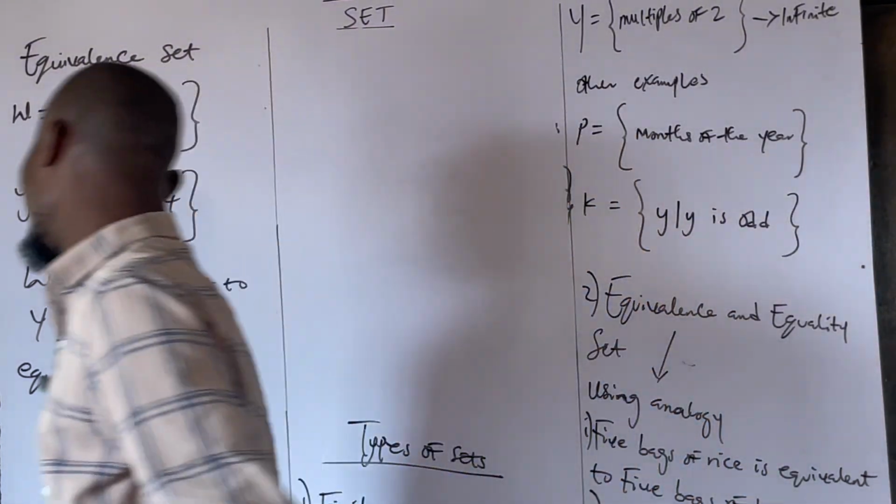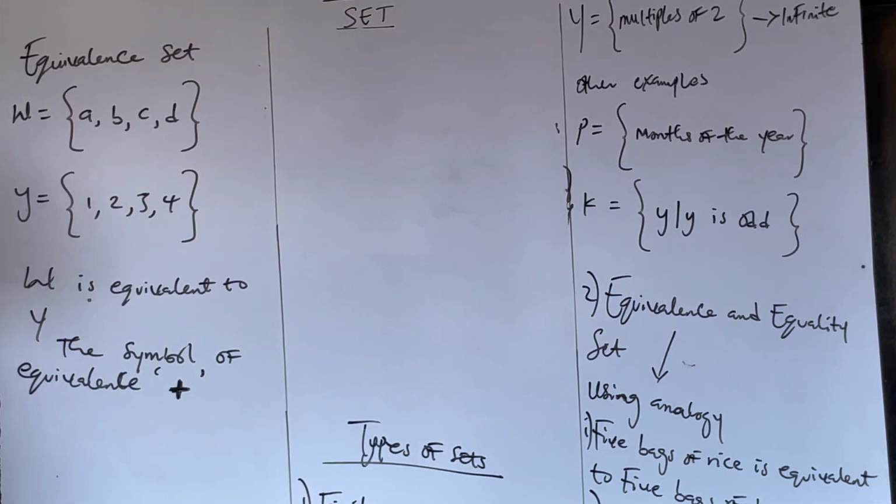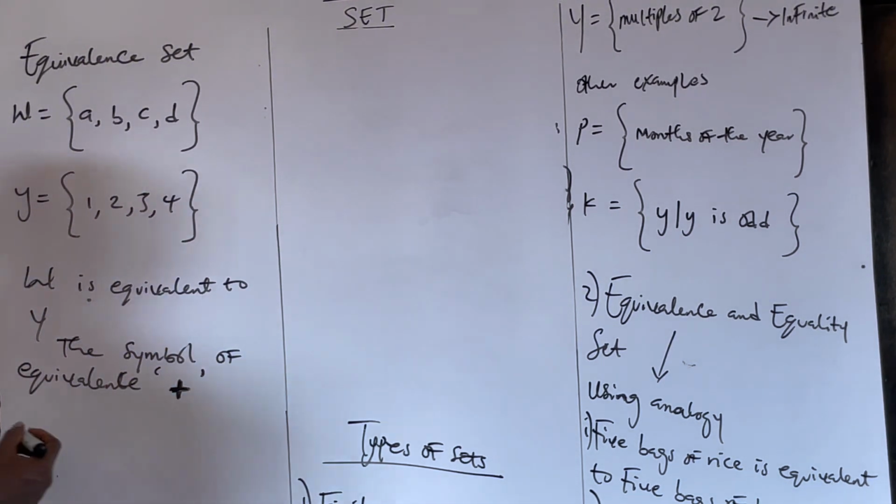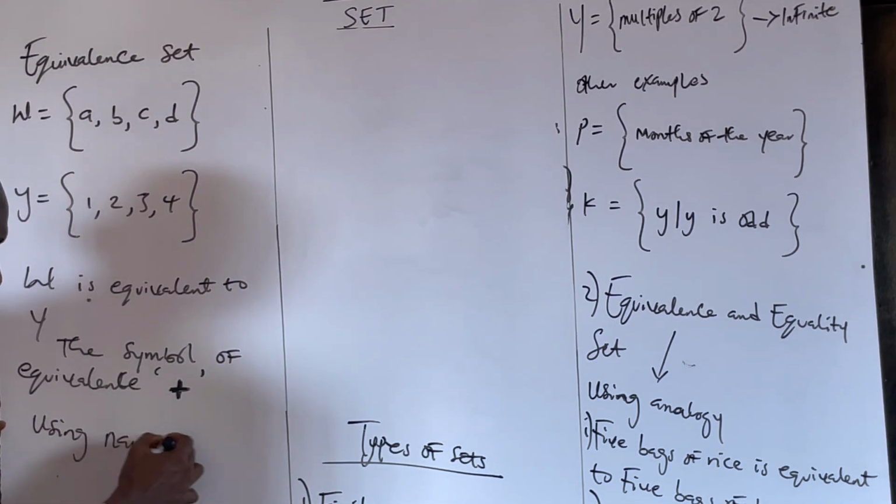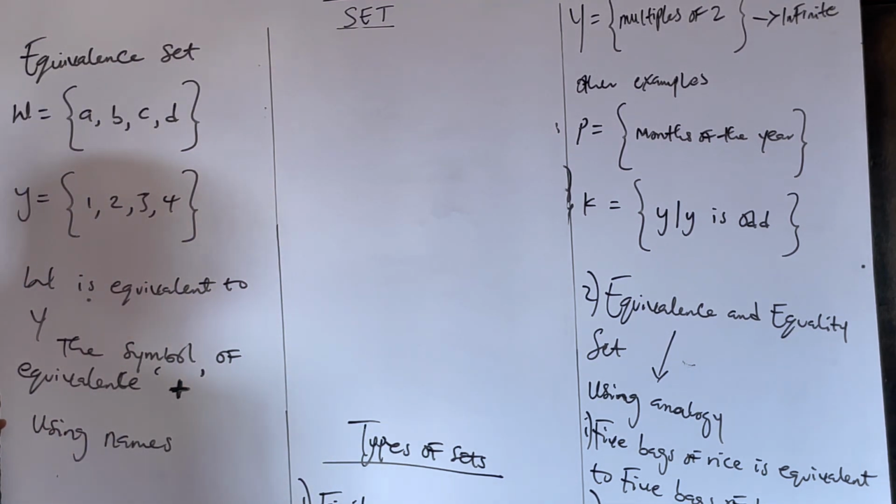Okay, let me give another example, using names. I'm going to use Hausa, Yoruba, and Igbo names.